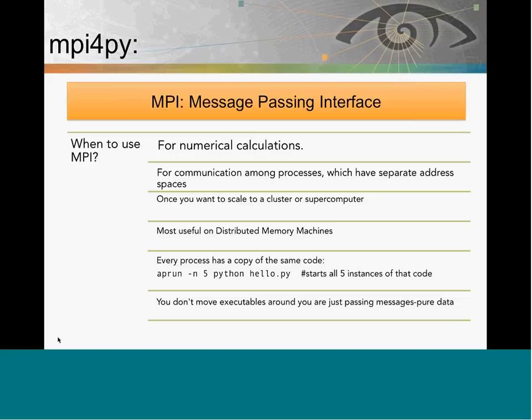In this case, it's going to start 5 instances of that code. This is the very popular SPMD paradigm, where you have the same program but you want to operate on multiple data. An example is in the coming slide.